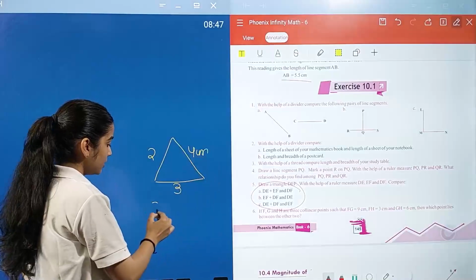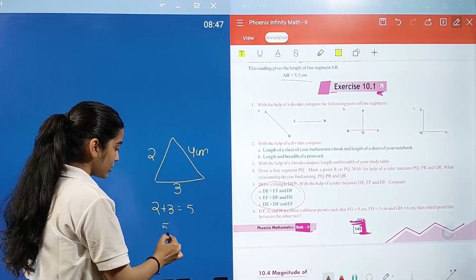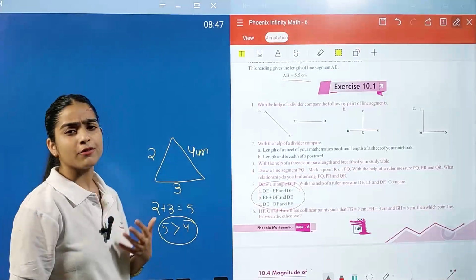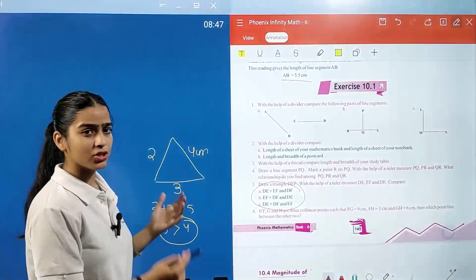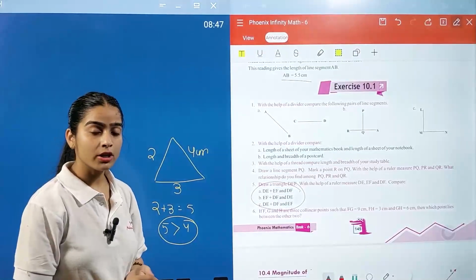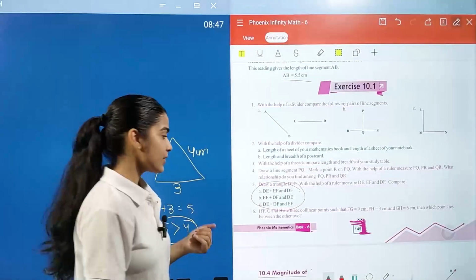So what will happen? 2 plus 3 is equal to 5, which is greater than your third side. So you take some random measurements like this, and the sum of two sides of a triangle should always be greater than the third side.